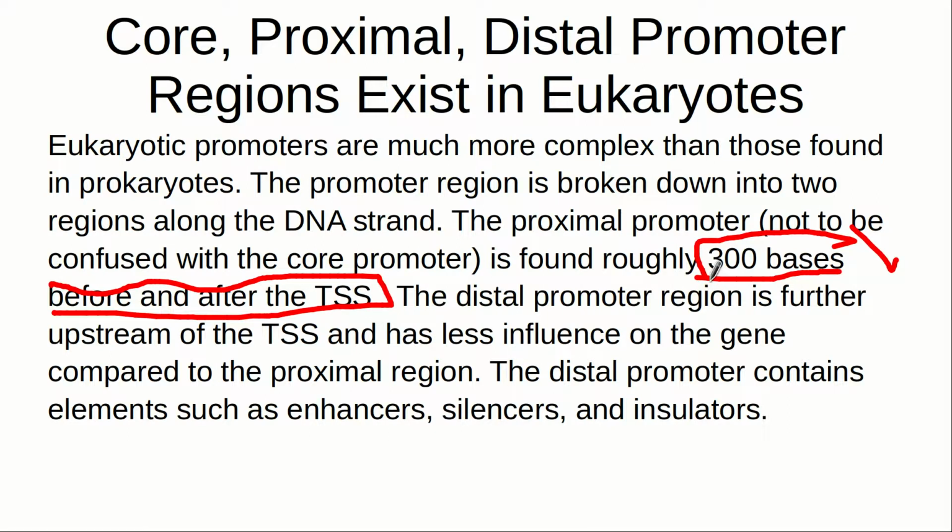Now, this is also a region where you are probably going to have your CpG islands. The proximal promoter is going to have CpGs in it if you have a CpG island. Is it that far back? No, in fact, I think a better definition of the proximal promoter is, if you have one, it's where your CpG island is.